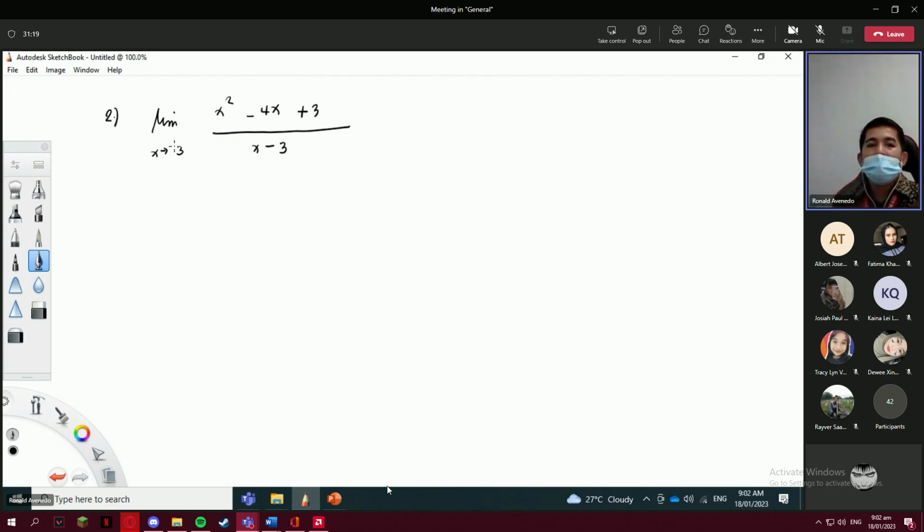Example 2, find the limit of x squared minus 4x plus 3 all over x minus 3 as x approaches 3. Of course, I would not let you find the values using tabular form. You can use the shortcut, and the shortcut is just substitute the value of x by 3. I'll give you 2 minutes, find the limit.